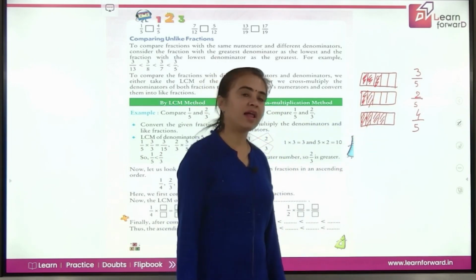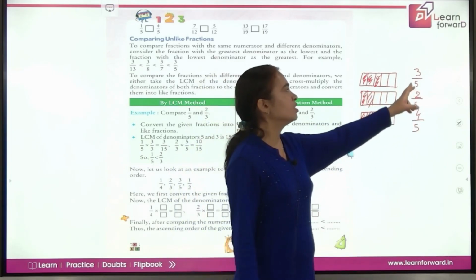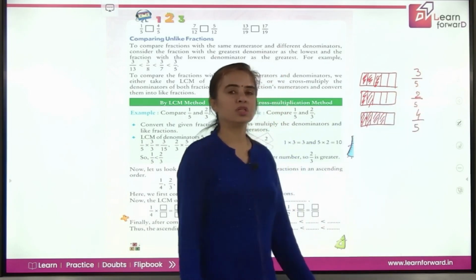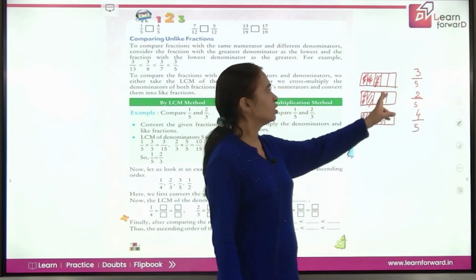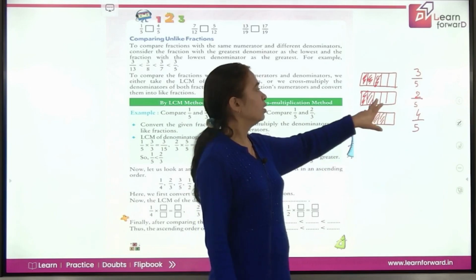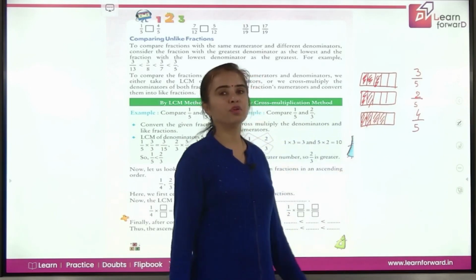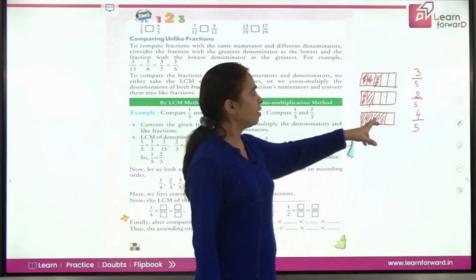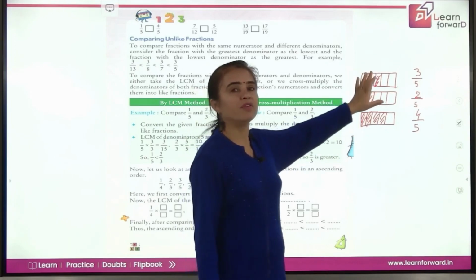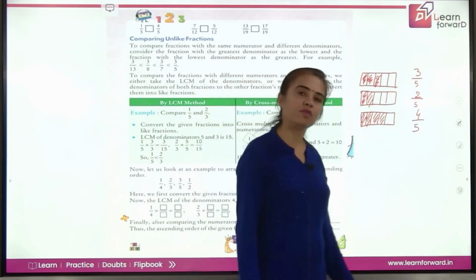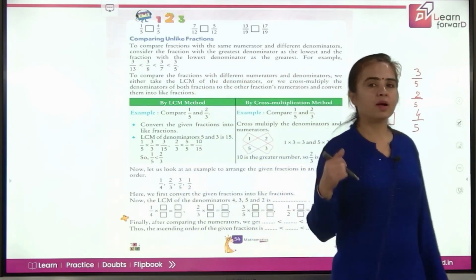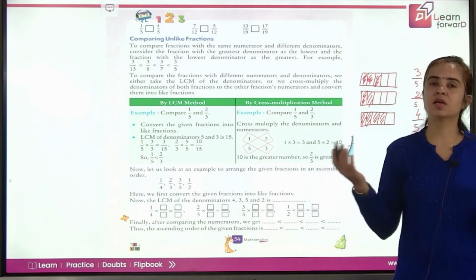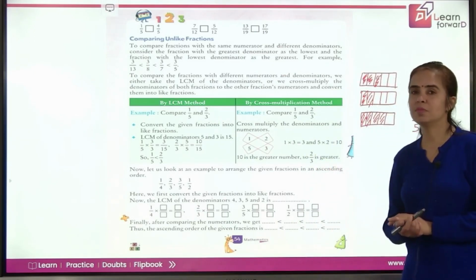So when you have like fractions, you always check the numerator and arrange the numbers there. So this fraction is bigger than this, but 2 by 5 is smaller than 4 by 5. And when you compare 3 by 5 and 4 by 5, 3 by 5 is still smaller than 4 by 5. So when comparing like fractions, just compare the numerators as simple numbers.